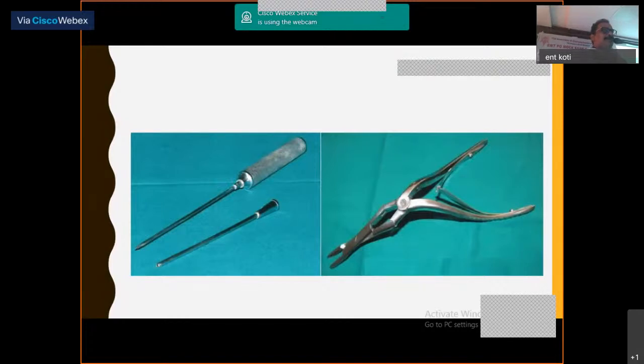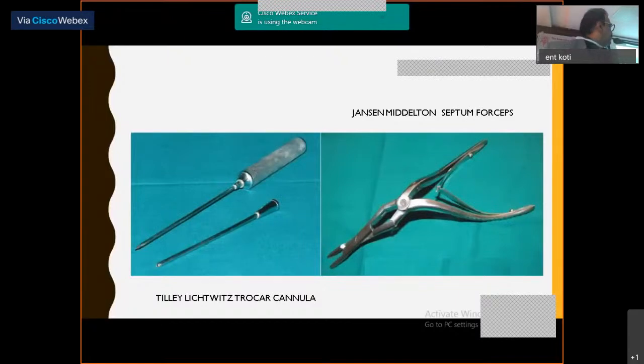Now those are all gone. The concept of sinusitis, sinus treatment, and everything has changed. So it's Lichtwitz, Krishnan and Kerala. And this one, it's a double action forceps. Jansen-Middleton septum forceps. So there is a double action here and here.